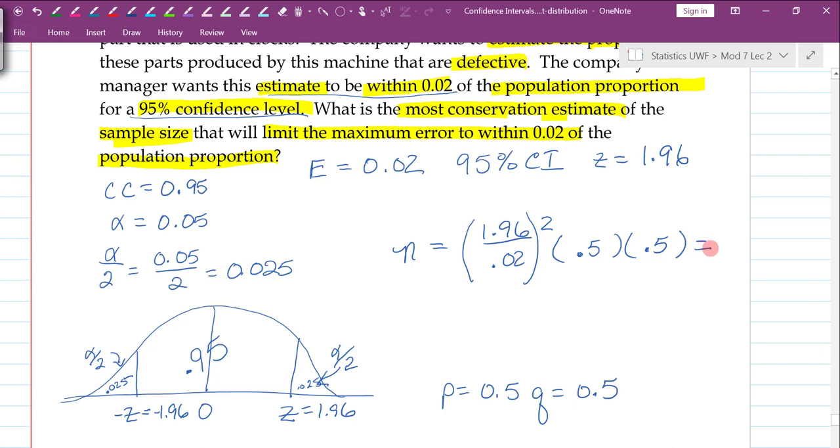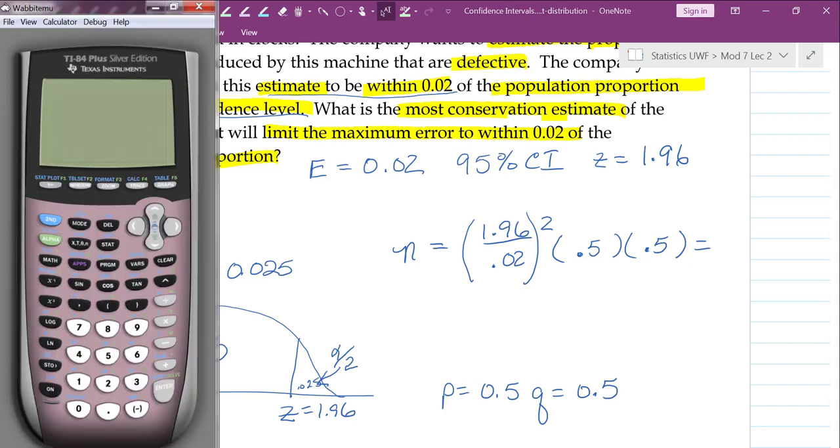We're going to grab our calculator, turn it on, and then put it in. So this is going to be parentheses 1.96 divided by 0.02, close parentheses, square it. Okay, so that took care of this part.